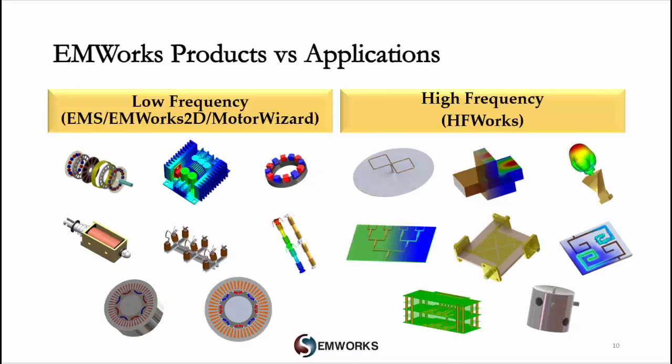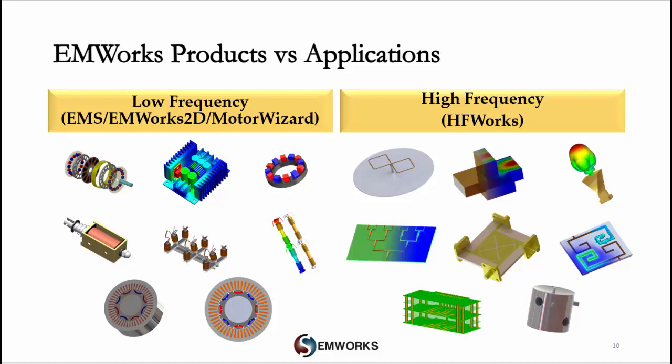Now, let us do a quick recap on HFWorks products and their related applications. We can divide HFWorks offerings into two categories: applications related to low-frequency simulation and applications related to high-frequency simulation.